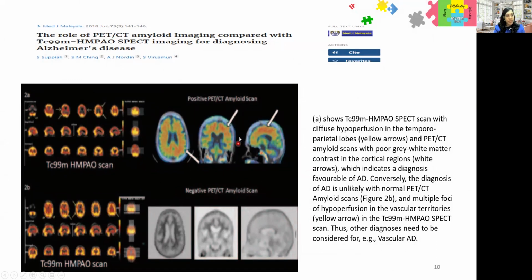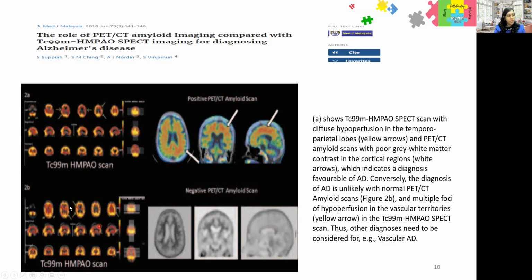And the amyloid scan shows reduced cortical gray-white matter contrast, indicating extensive beta amyloid plaque deposition. This pattern of imaging indicates that the patient has probable Alzheimer's disease.